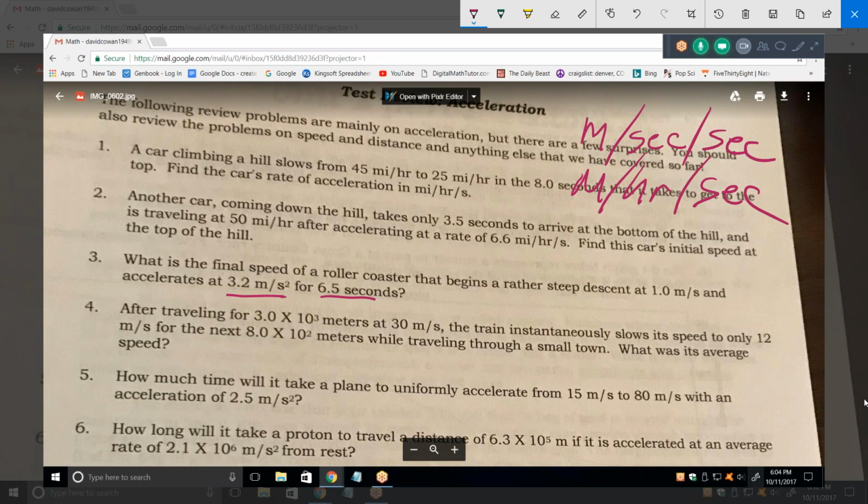What's its speed going to be? Wouldn't you just multiply it? Yeah, but make sure you add it to its beginning speed. In other words, this is how much speed it's going to pick up. Multiply those together. Let's see here, 3.2 times 6.5.